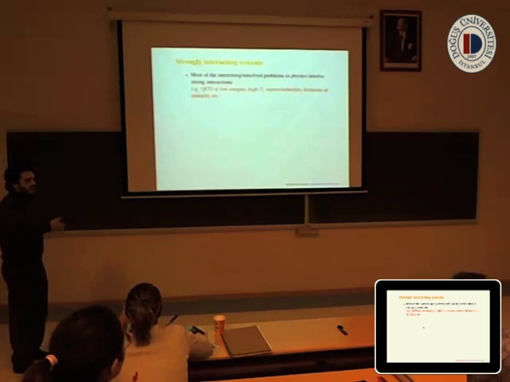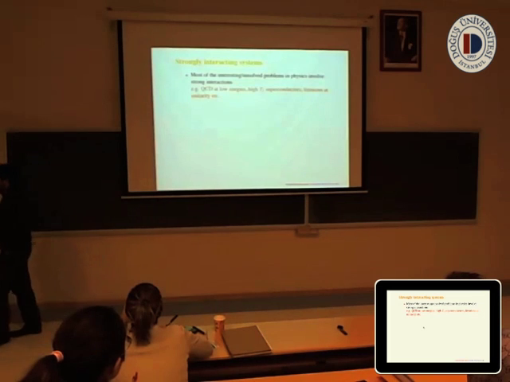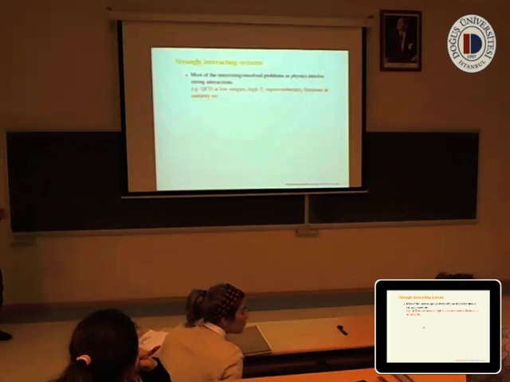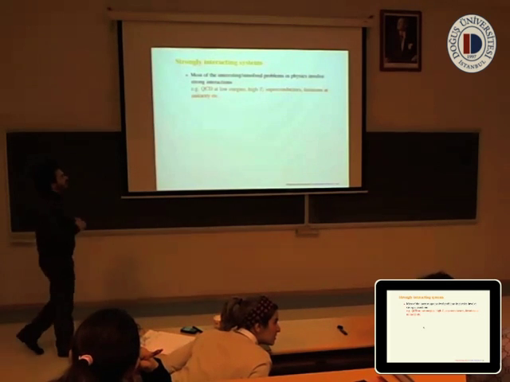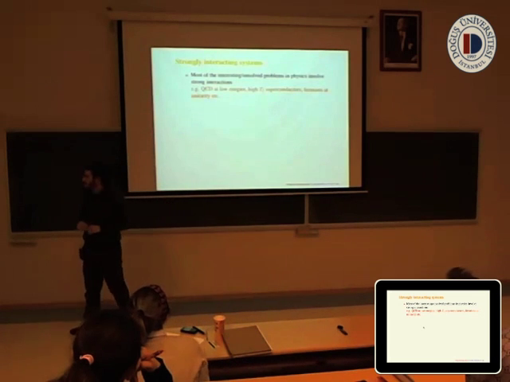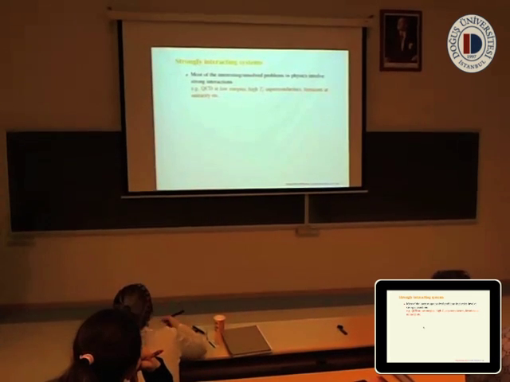And other examples in general in physics, like high Tc superconductors, like fermions at unitarity, etc. I will not be really talking about fermions at unitarity, but it's enough to know that there are a lot of systems that involve strong correlations, not only in high energy physics, but also in condensed matter.